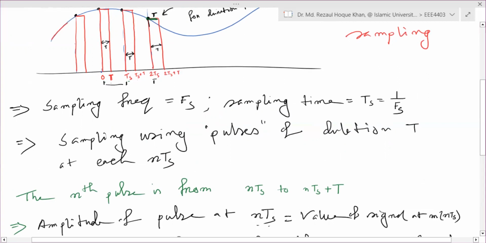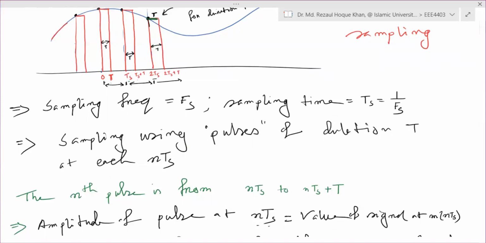So these are the sampling intervals. Each one is Ts. So the pulse duration should be much lower than the sampling interval.